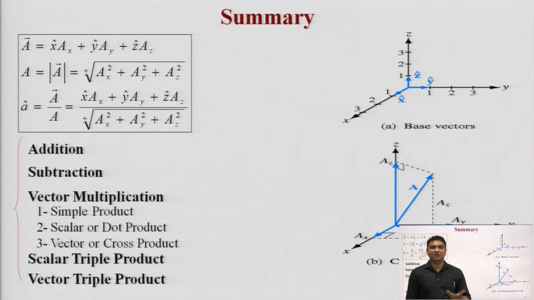The operations of addition, subtraction, multiplication, scalar triple product and vector triple product I have discussed very easily, and I think you can understand the basic mathematical operations of vectors in a very easy manner.